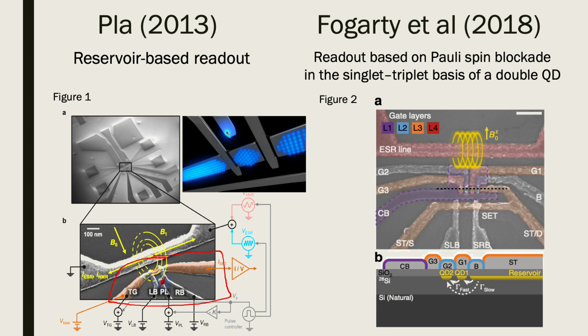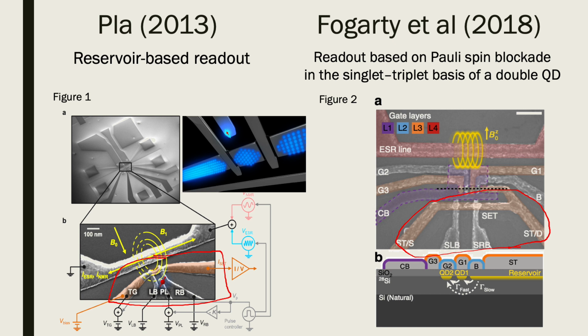Now, let's look at Figure 2, the device structure of Fogarty. Here, the basic device structure and operation are much like in Pla, which includes an integrated single electron transistor sensor, which is represented in this red circle. In order to combine the ability to address individual spin qubits using ESR, electron spin resonance, with the voltage pulse-based detuning control, and high fidelity readout of pairs of spins in the singlet-triplet basis.